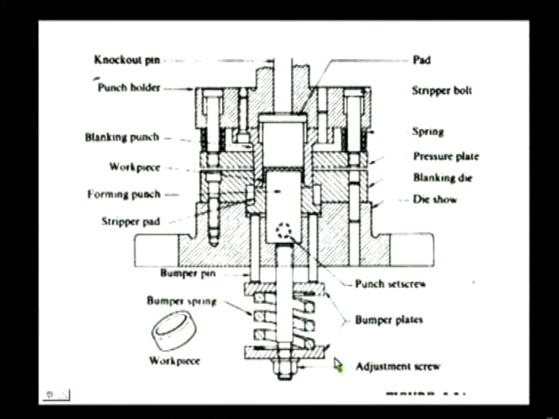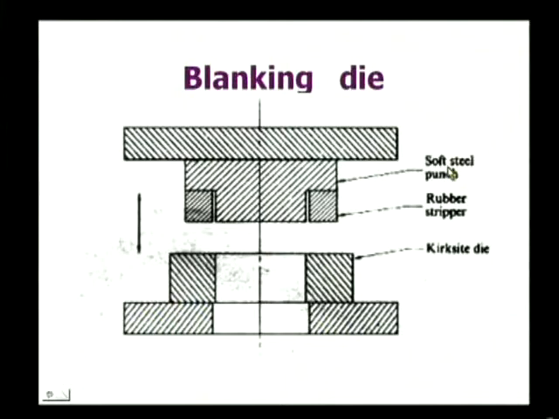The adjustment screw, the die shoe, and the blanking die you can see here. These blanking dies are used for the blanking operation.